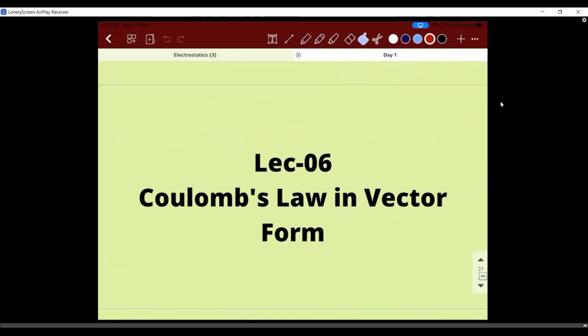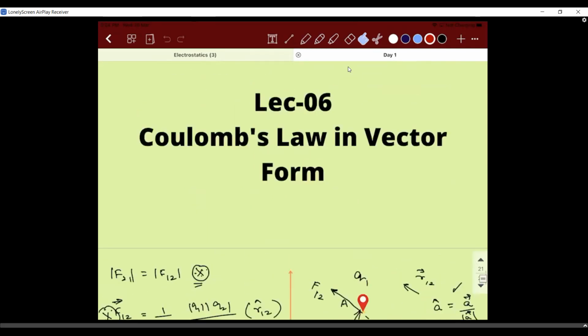Coulomb's law in vector form, right? So we have seen Coulomb's law in scalar form. What does it state? F is equal to K Q1 Q2 divided by R square, where Q1 and Q2 are the charges and R is the distance of separation between them, right? So shall we move on to the next topic today?